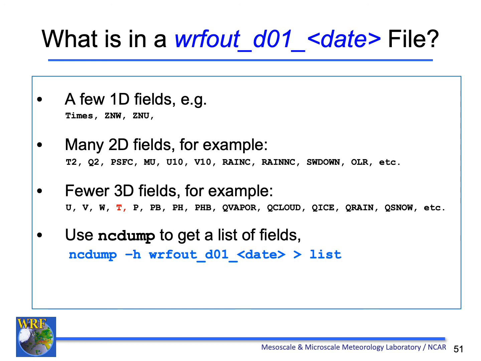For example, we can find the description for field T as perturbation potential temperature theta minus T0. So we know the field T isn't temperature, but potential temperature minus a constant. And the constant happens to be 300.